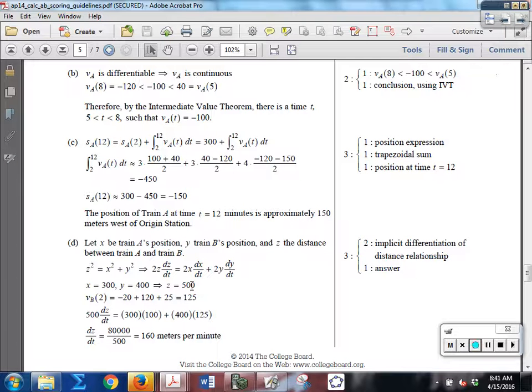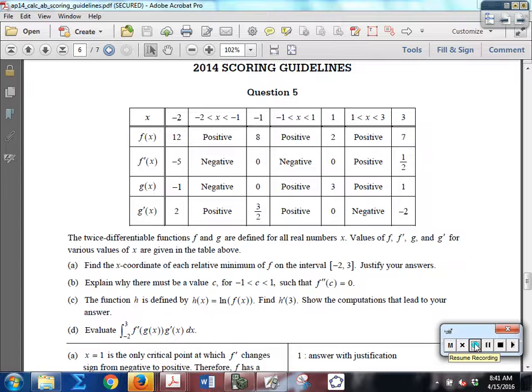Really. Okay, question number 5. Notice that they are both twice differentiable, so they're continuous, right? And they're not going to have any jagged points or whatever. This one, everyone is pretty good and agreed on that.